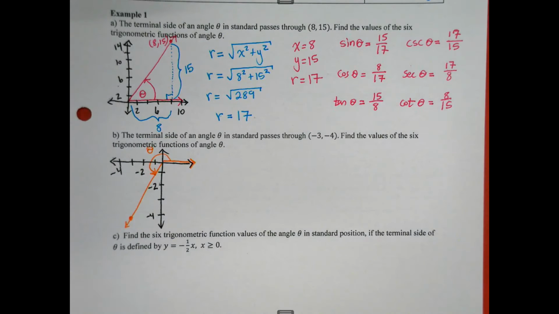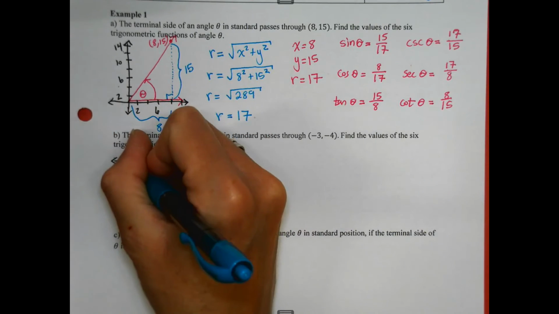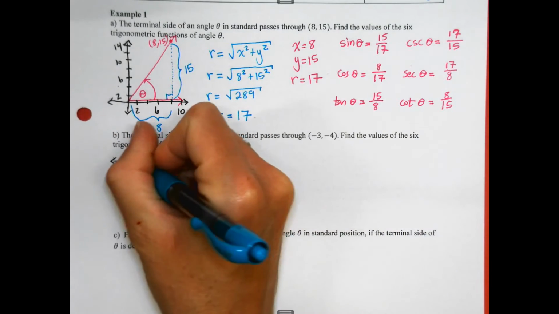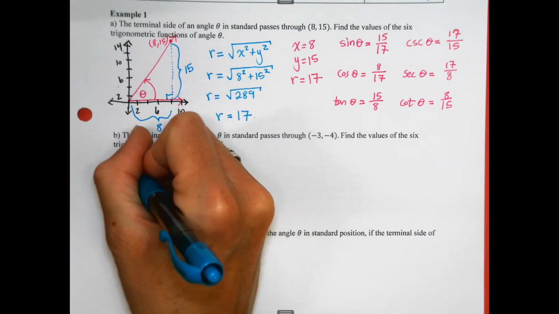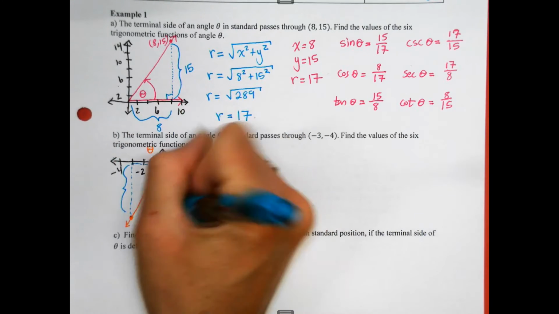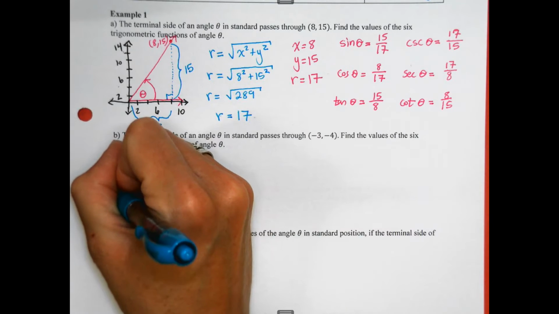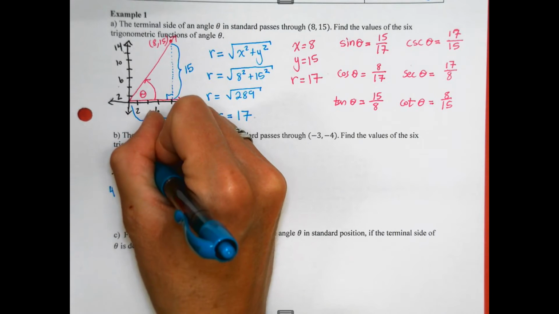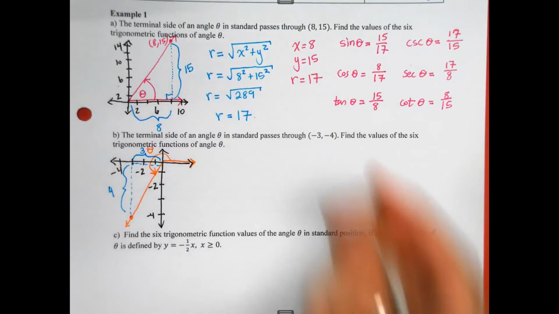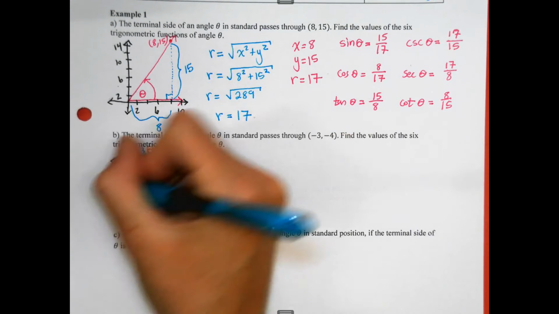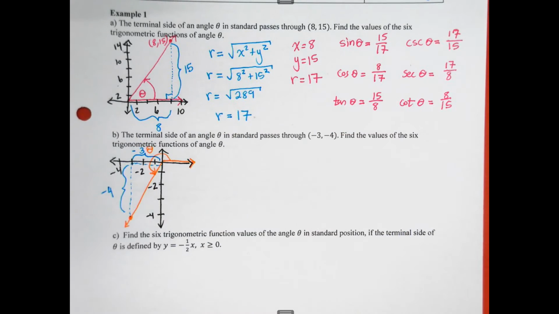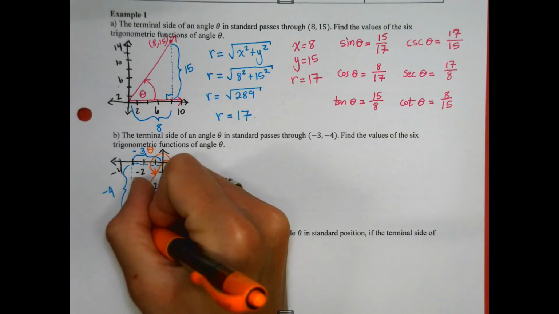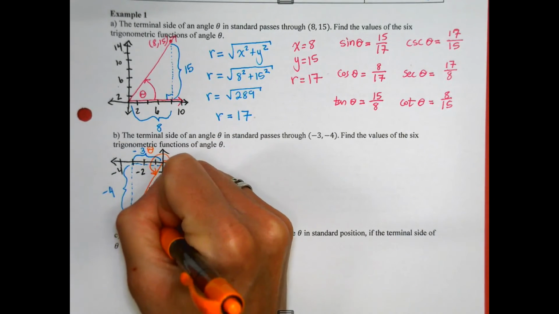And we can then think about our triangle that has a height here of 4 and a distance here of 3. Remember, this is technically -4 and -3. And our point P, whatever you want to call it, is at -3, -4.